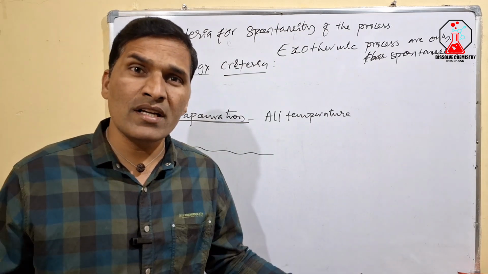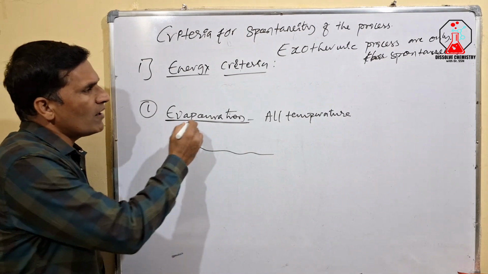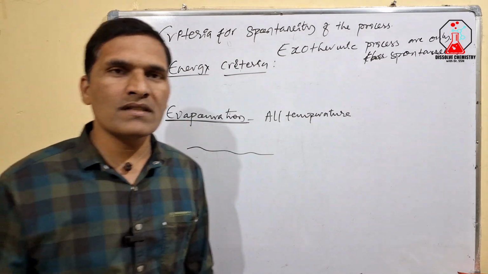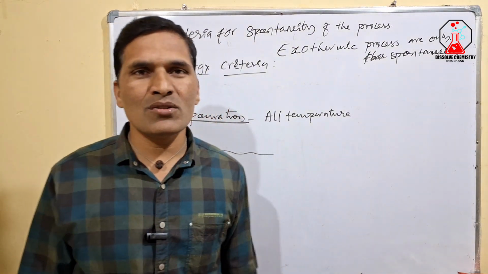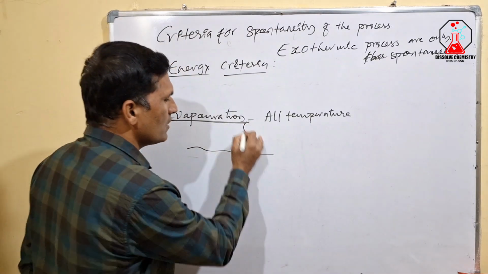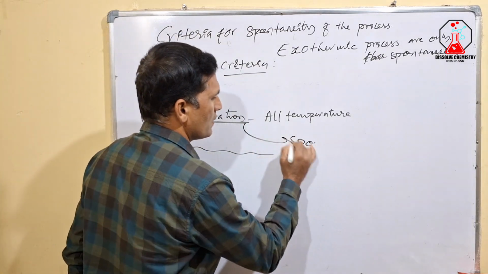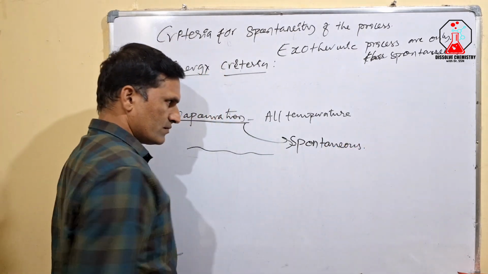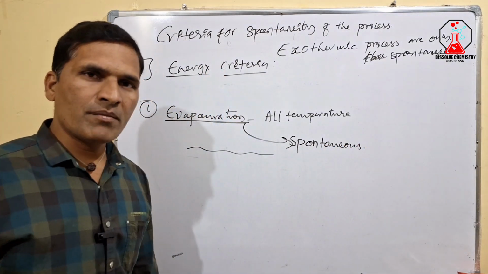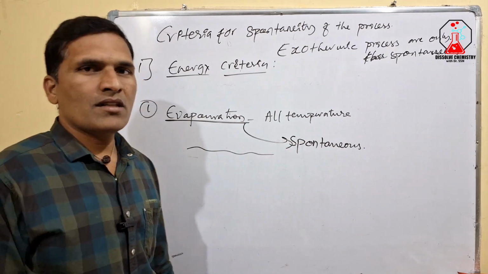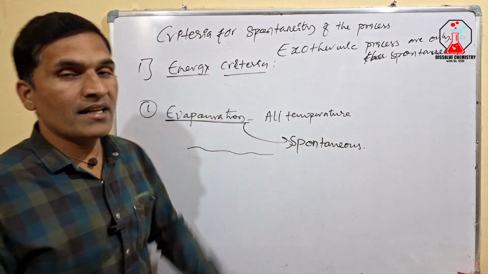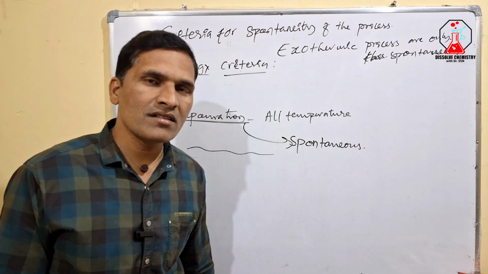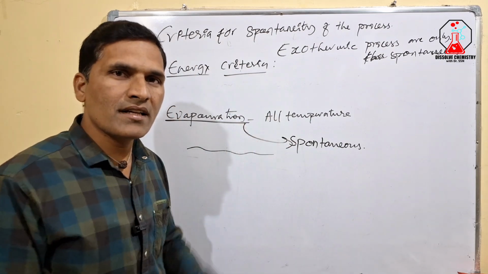It happens naturally, spontaneously. So what type of process is evaporation? Evaporation is an endothermic process, but it is still spontaneous. Even though it is endothermic, it is still spontaneous. So the energy criteria we have considered, it fails, right? It cannot explain here.